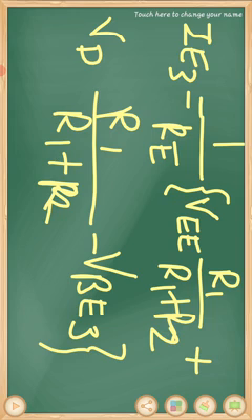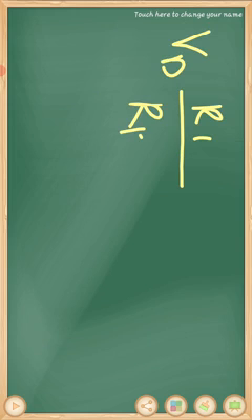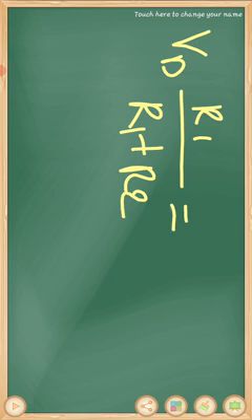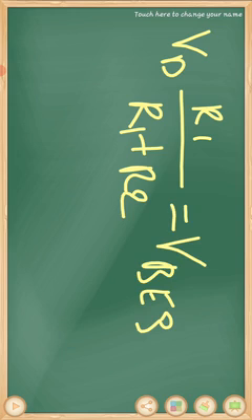In this equation, if R1 and R2 are exactly equal, then VD R1 upon R1 plus R2 is equal to VBE3, the base to emitter voltage of transistor Q3.